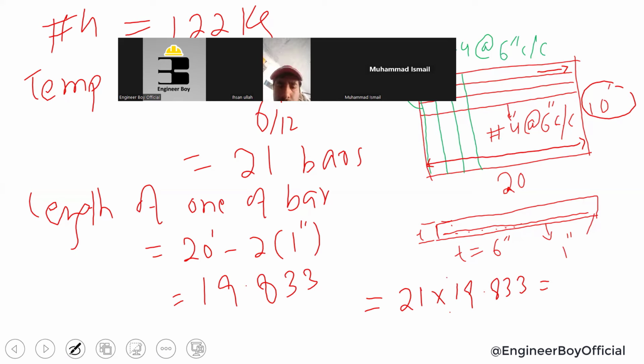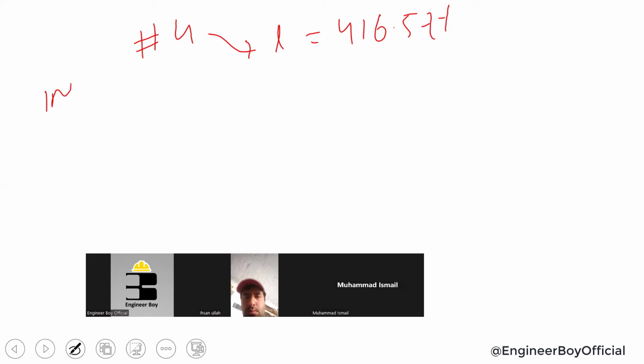So we have 21 bars times the length, which is going to be 416.5 feet. It means we have number 4 bars whose total length is 416.5 feet.